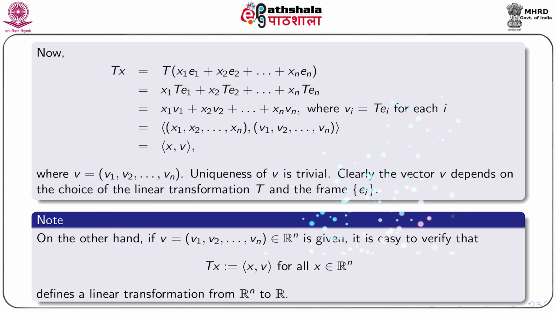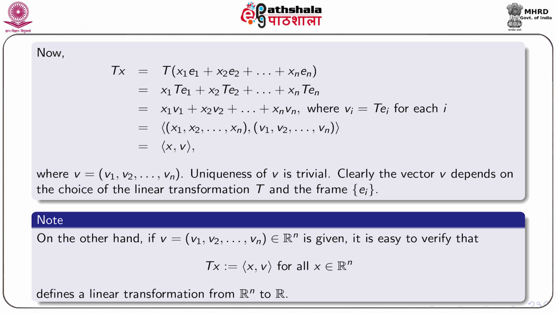Writing Vi equal to T(Ei) for each i, we get this as x1 V1 plus x2 V2 plus up to xn Vn. We know we can express this as the inner product of the vectors x and the second one which has components V1, V2 up to Vn. That is nothing but inner product of x and V, where V is the n-vector (V1, V2, ..., Vn). Now, T is given and our choice of Ei is unique. So, the uniqueness of V1, V2, ..., Vn is surely there.